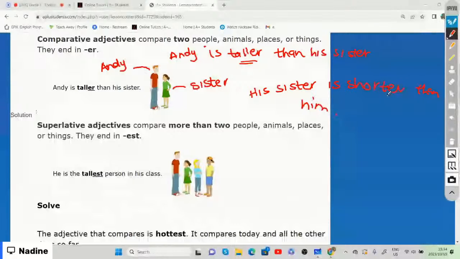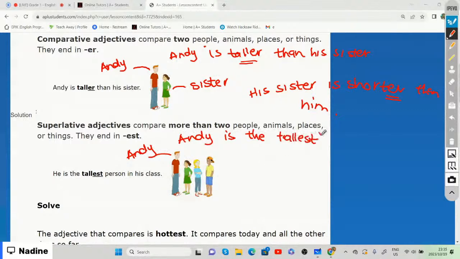So the same with this picture here at the bottom, right? Where we said that Andy is the tallest. That is Andy, and he is the tallest. So Andy's the tallest amongst all of his friends. But if we look at his sister over there, right?